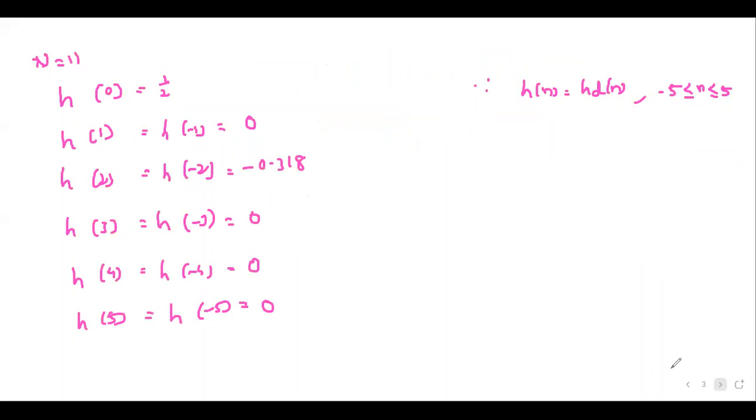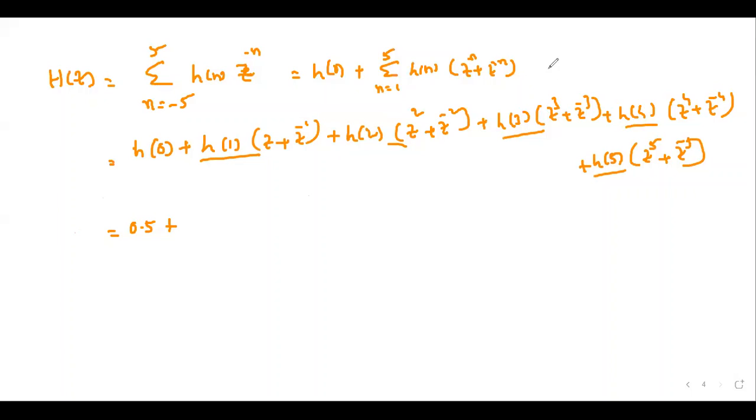Minus 0.318. So it is minus 0.318 into z square plus z power minus 2. Remaining all terms are zeros. Okay, this is h of z.